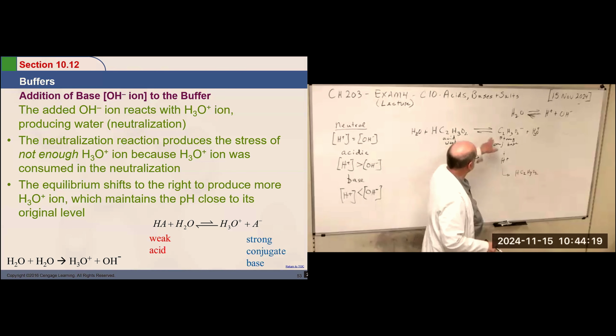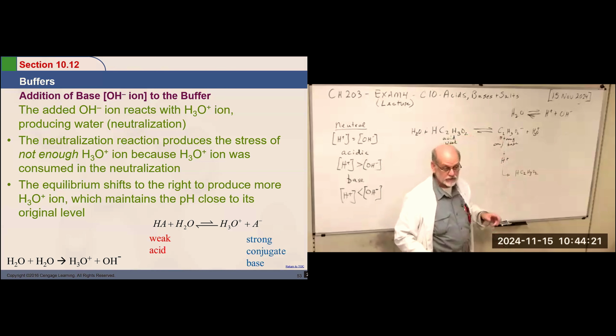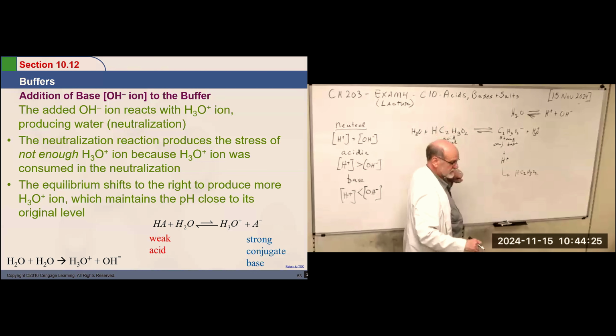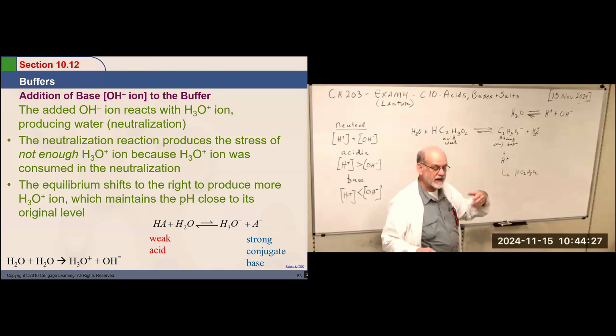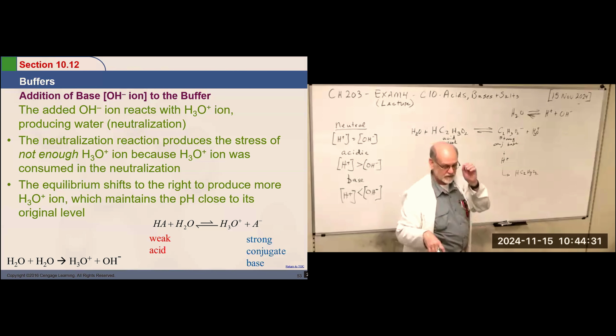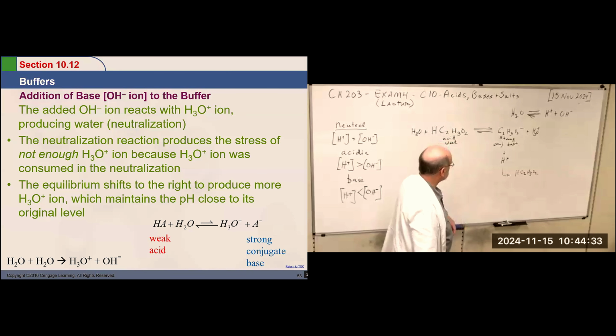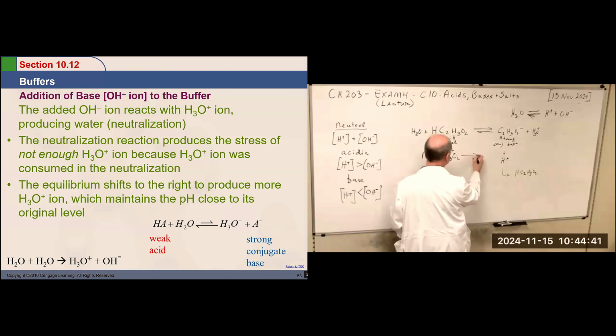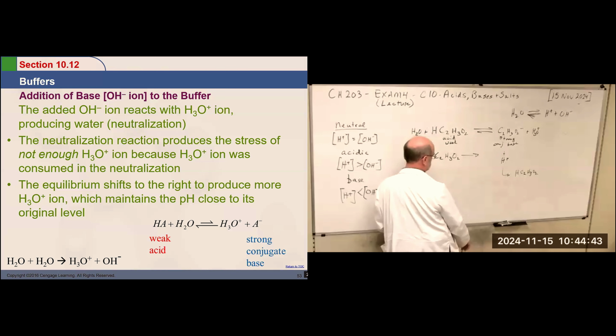So how do we get to this point right here? Well, there are two ways. You can either take this acid and titrate it, add strong base until you get to a certain buffer pH. Or you can just take the salt and put it in solution.